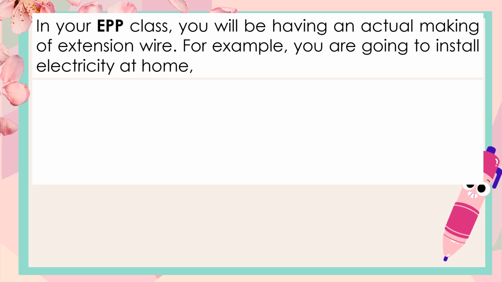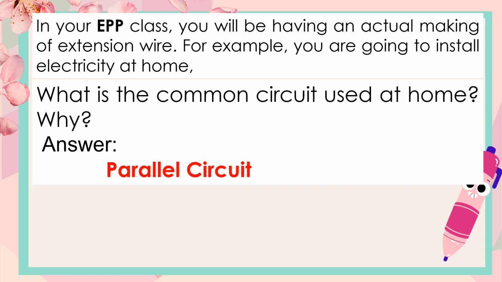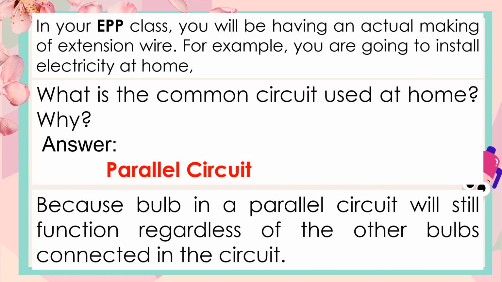For example, you are going to install electricity at home. What do you think is the common circuit used at home and why? Okay, the answer is parallel circuit because a bulb in a parallel circuit will still function regardless of the other bulbs connected in the circuit.